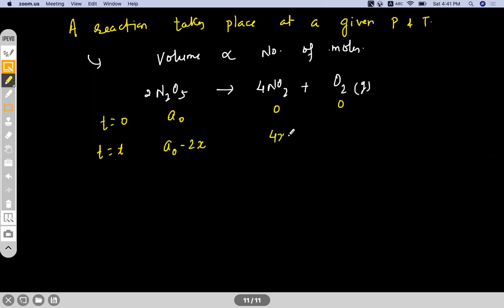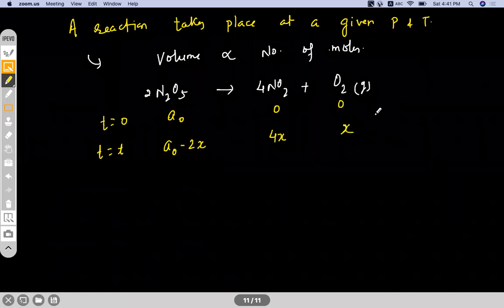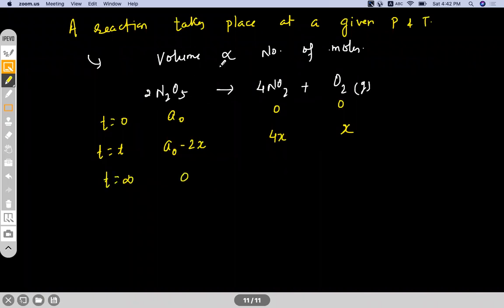This becomes 4x, and this becomes x here. Correct? Now, when t equals t infinity, this becomes 0 because all the N2O5 converts into O2 and NO2. This will be 2A naught, and this would be A naught by 2.